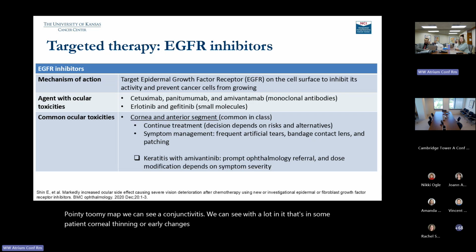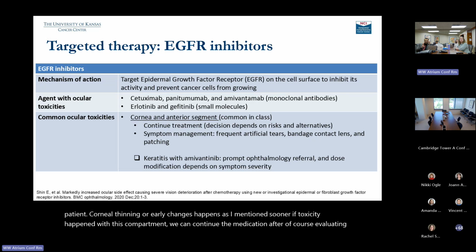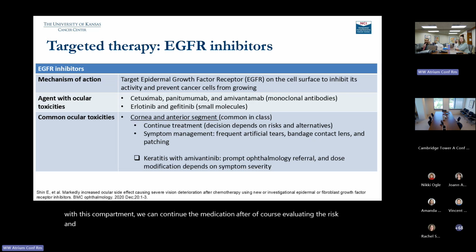As I mentioned earlier, if toxicity happens in this compartment, we can continue the medication after, of course, evaluating the risk and benefit and symptomatically managing patients.